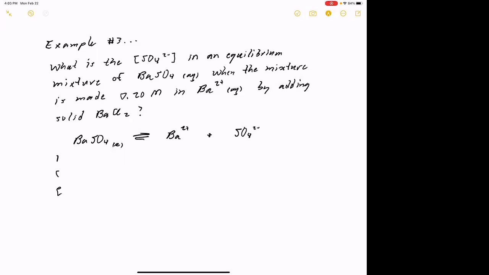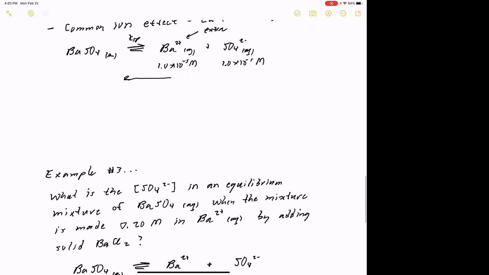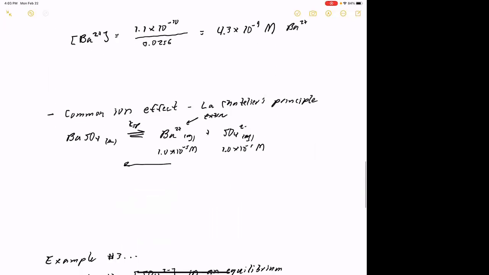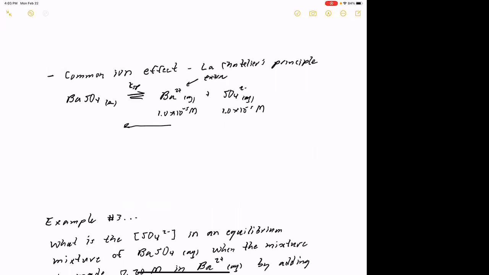All right, now there's a nice little shortcut we can make here. Okay, we know that if we start out with just barium sulfate in solution and let it come to equilibrium, we're really going to have initially some barium ion and some sulfate ion in there, right? And we said what they were. 1 times 10 to the minus 5th molar. So really tiny amounts, right?